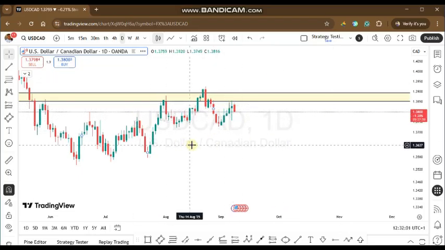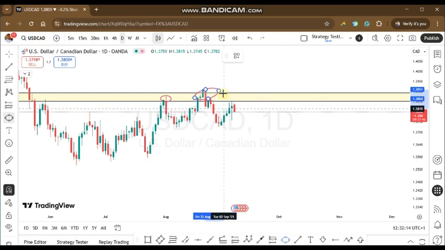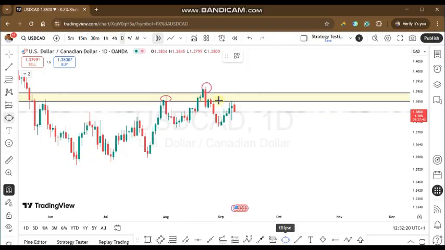And if you look very well here, from these key levels I draw here, from this one, then I put out this one as well. Right, then I put another one here.